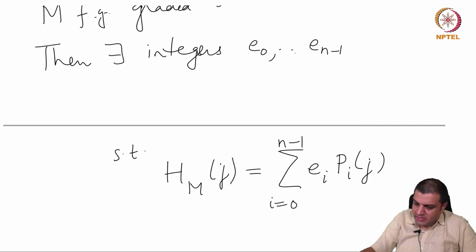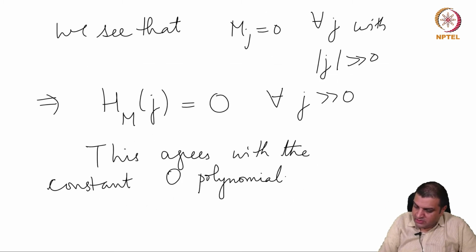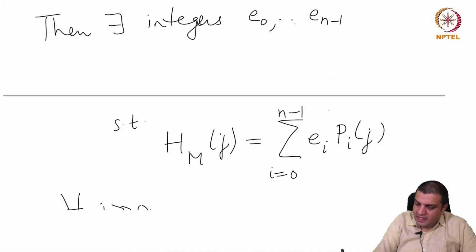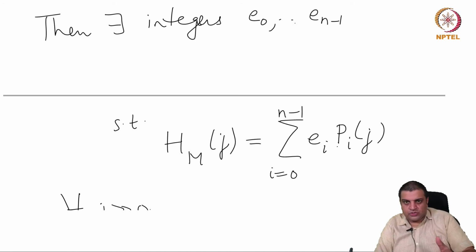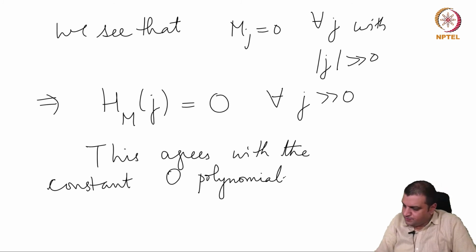Here the summation is empty. So this proves the 0 case. Let's just look: if there is one variable, you will only see P0, which is the constant polynomial. If there are two variables, we will see P0 and P1, which is constant and linear. If there are no variables, then we won't see anything here, and we get this convention that the sum of an empty set is 0. So this takes care of the base case.